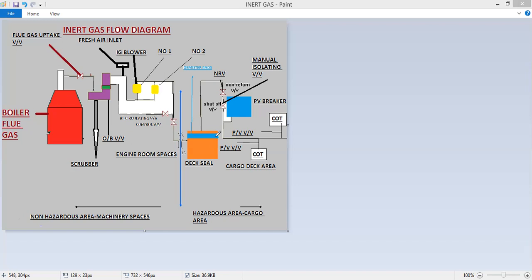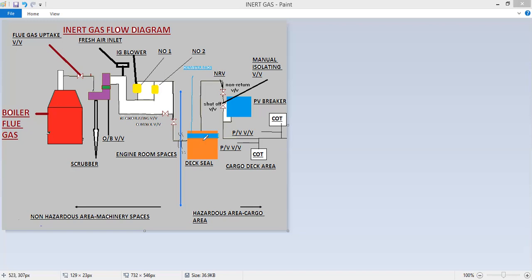So basically what happens is, if the gases from the tanks go back into the engine room, then they might cause an explosion, because when this IG comes back, there will be flammable cargo vapors mixed with the IG. If the pressure is high on the tank side, then it will come to the deck seal and it might go into the engine room spaces. So basically we have this as a preventive measure.